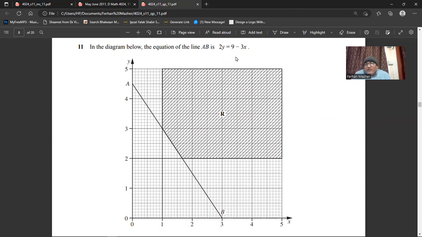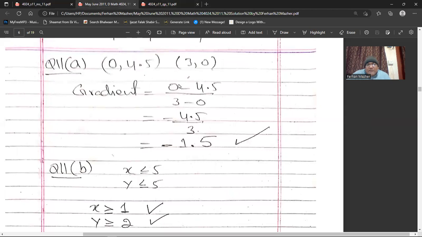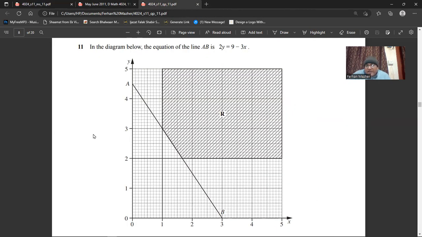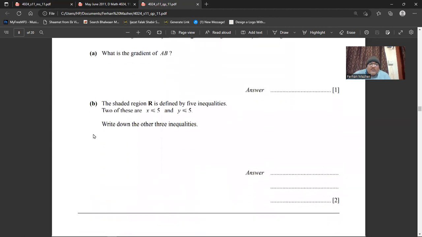So the coefficient of the x is minus 3 by 2, which is minus 1.5. So this is the second method. From the equation, you can also find the gradient. I have found the gradient with the help of the coordinates. I've taken 2 points A and B on that line, and I've used their coordinates to find out the gradient.